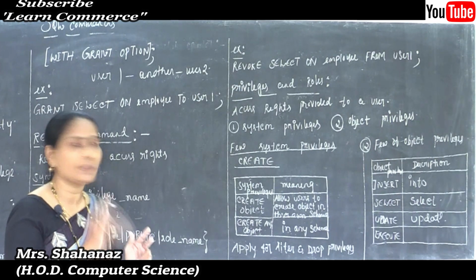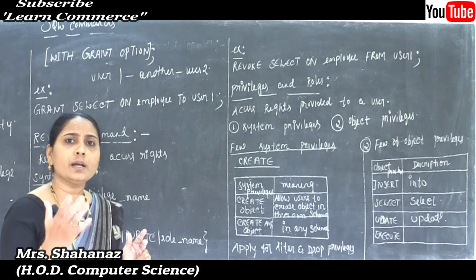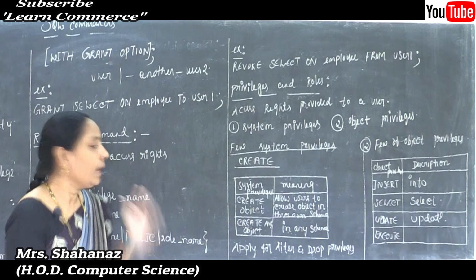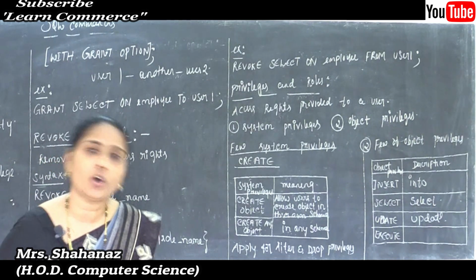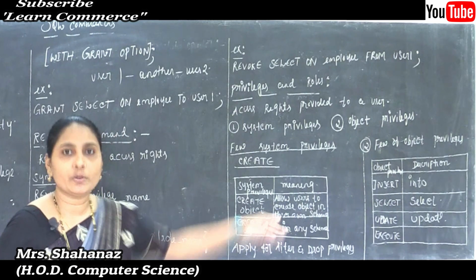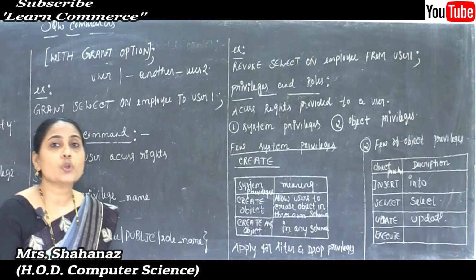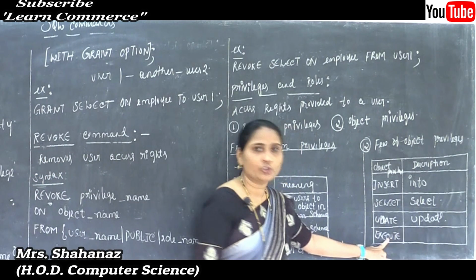If you want to make any changes in data, you can make the changes by using the update command. And execute, after that you want to execute the database object by using the execute command, which allows the user to execute stored procedures or a function.